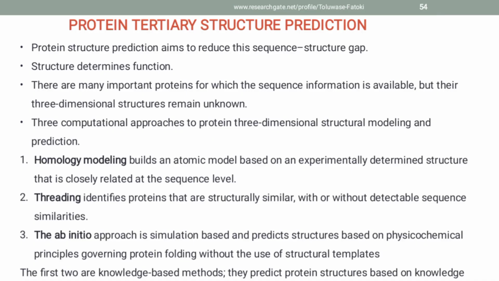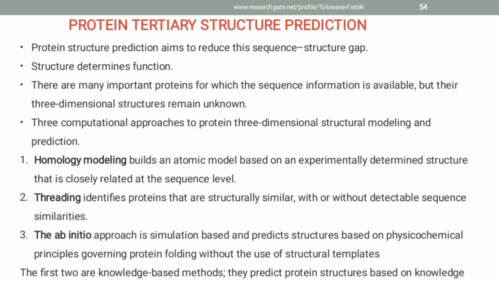Then, as I have said, we have different methods by which we can model or predict our protein structure. There are three major computational approaches that have been established to determine the three-dimensional structure of your protein. Number one, homology modeling. This builds an atomic model based on an experimentally determined structure that is closely related at the sequence level.